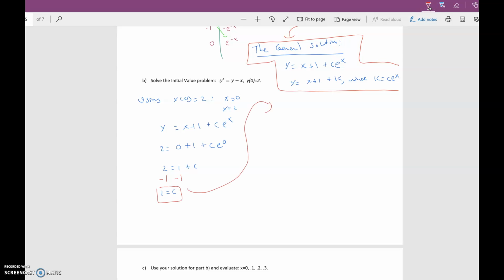So the particular solution is y is equal to x plus 1 plus e to the x.